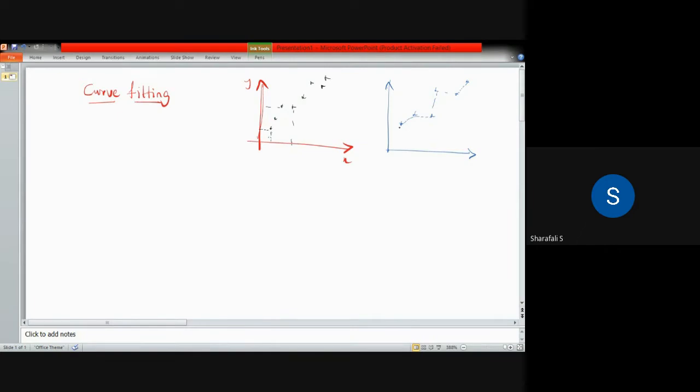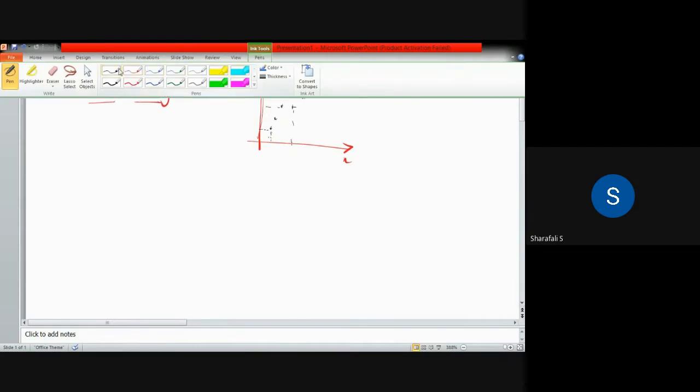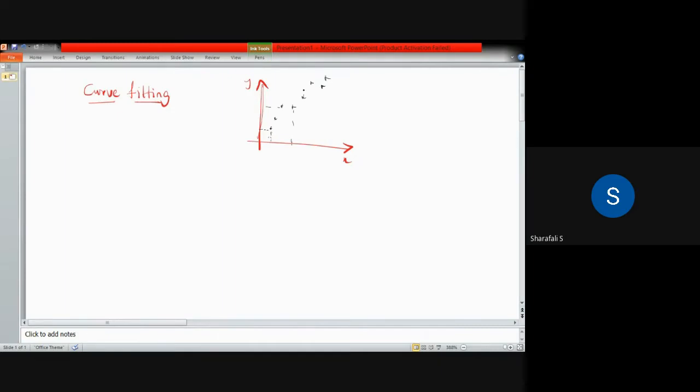But if these data are very close to each other, as we noted in the first graph, and you want to get the trend, then you have to fit the data points with some curve. Connecting all these points will give you something like this.